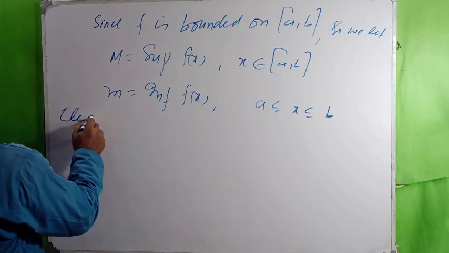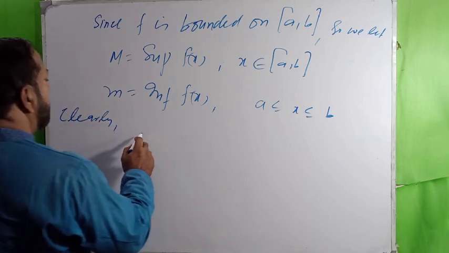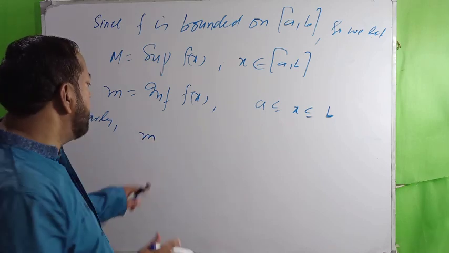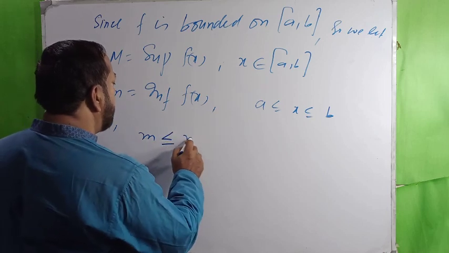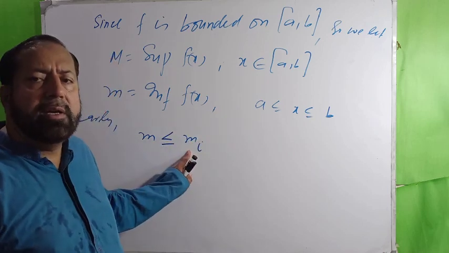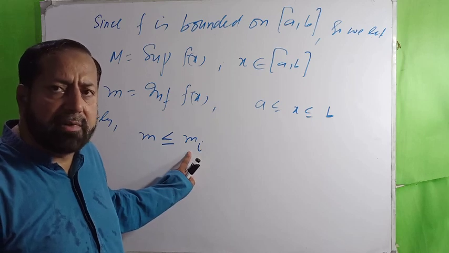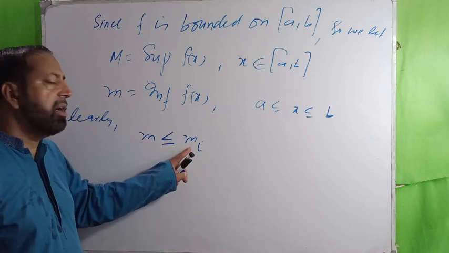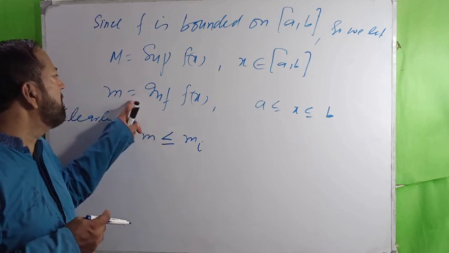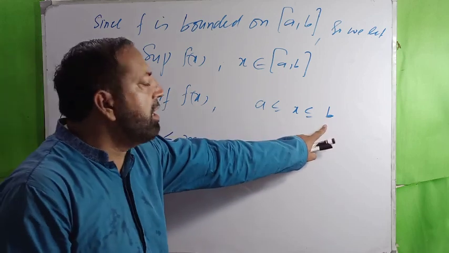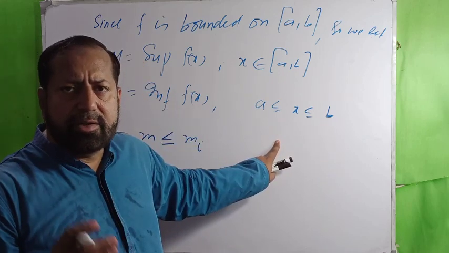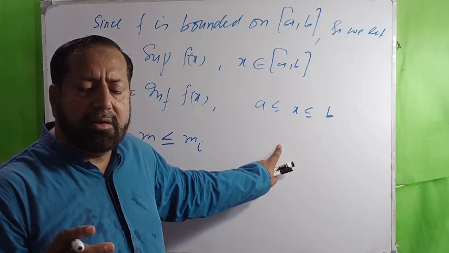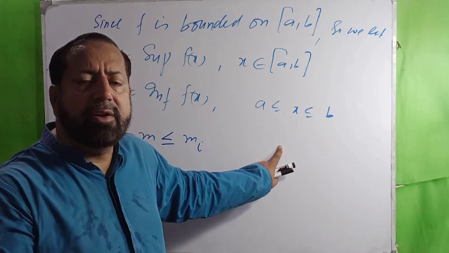Then clearly, m is the infimum of the entire interval, and this must be less than or equal to mi. You know what mi is? mi is the infimum of the ith interval. So either this infimum is equal to m or it is greater than m, because the infimum corresponding to [a,b] is unique. You know that the supremum and infimum of a set, whenever they exist, are always unique.